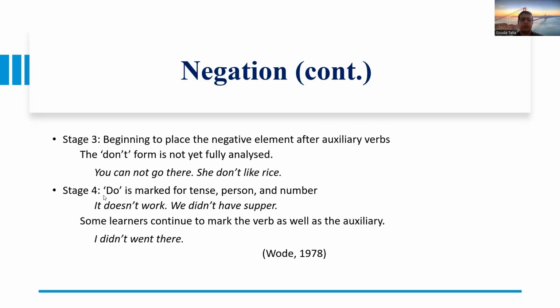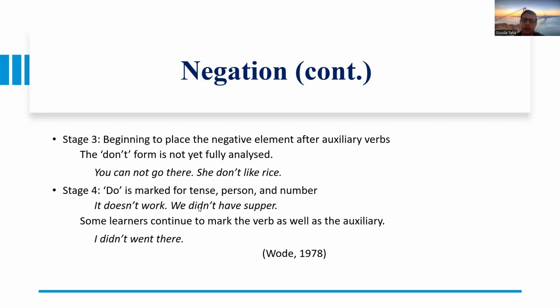The next stage, stage 4, we start to see that the negative element is being marked for tense, person, and number. So you're going to see utterances like it doesn't work or we didn't have supper. In it doesn't work, the negative element is being marked for the person.